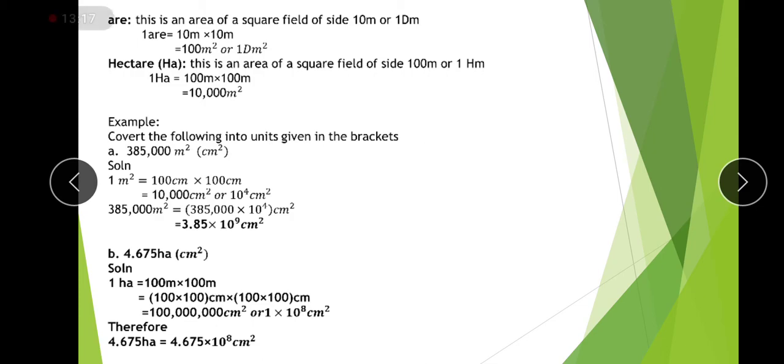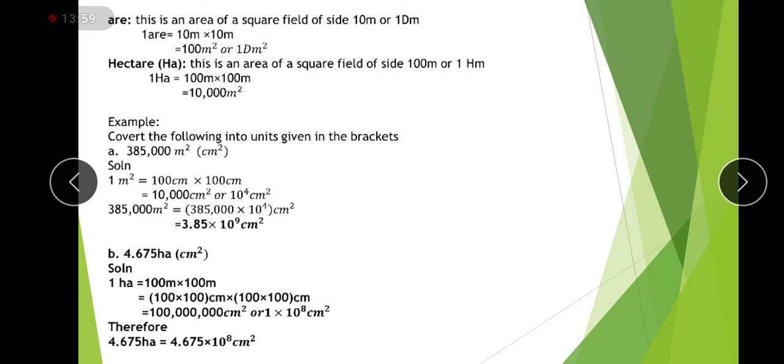Now, there's something I want you to note from example number 1, example number 2, and example number 3. In example number 1 and example number 2, we are converting from a bigger unit to a smaller unit. In example number 1, we are converting from square meter to square centimeter. Square meter is bigger compared to square centimeter because 1 square meter is equivalent to 10,000 square centimeter. When you are converting from a bigger unit to a smaller unit, you just multiply.